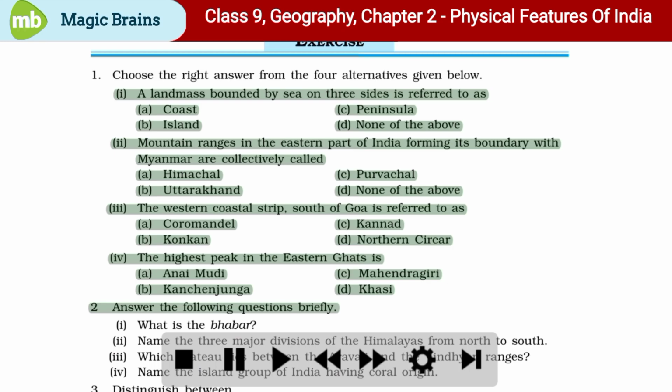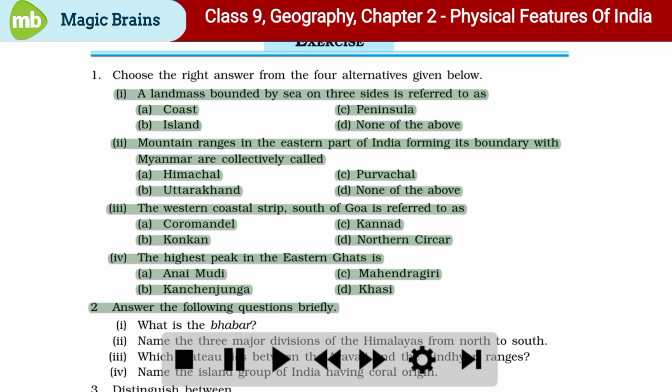Mountain ranges in the eastern part of India forming its boundary with Myanmar are collectively called A. Himachal, B. Uttarakhand, C. Purvanchal, or D. None of the above.